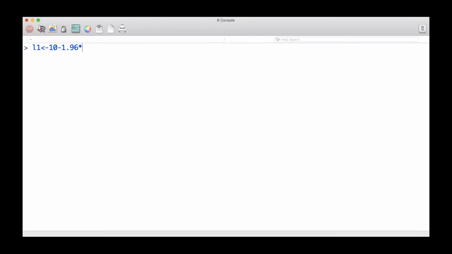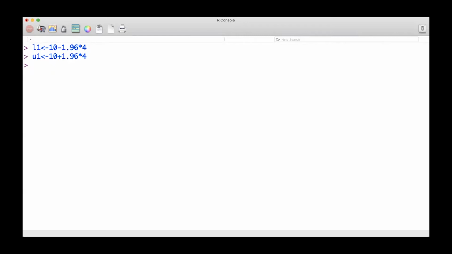We said before that both of our means have a standard error of 4. The upper limit given by U1 is 10 plus 1.96 times 4.